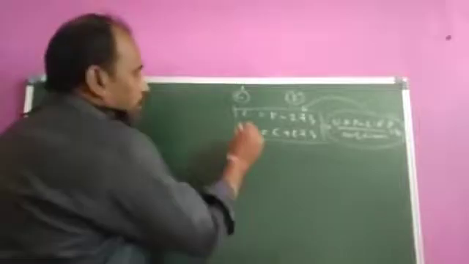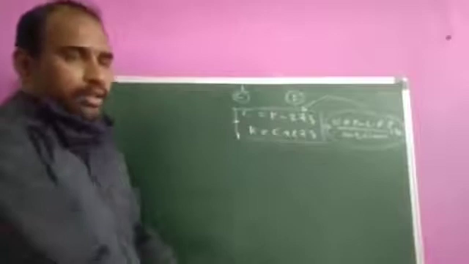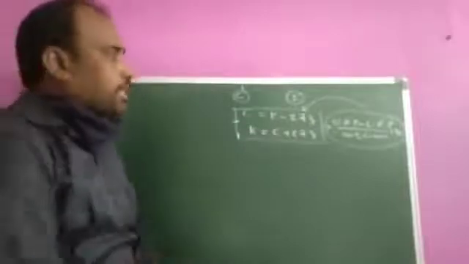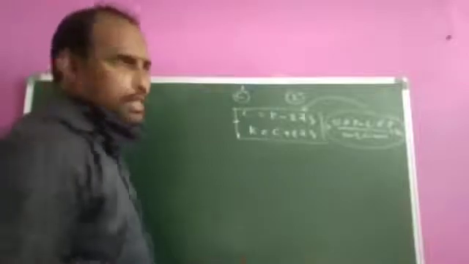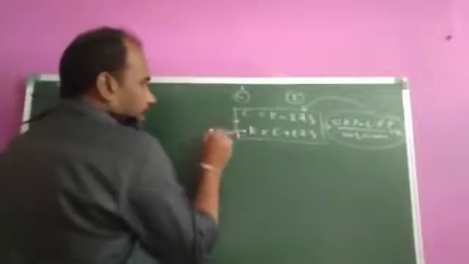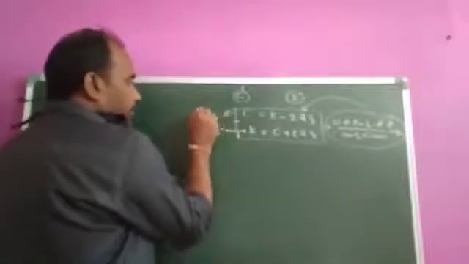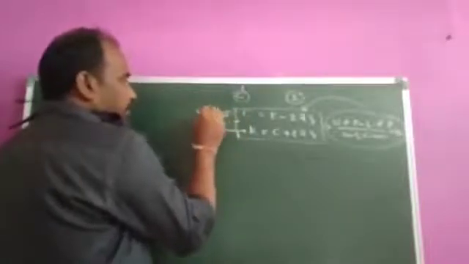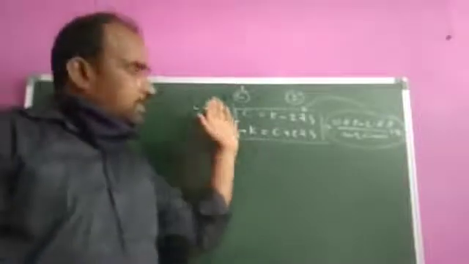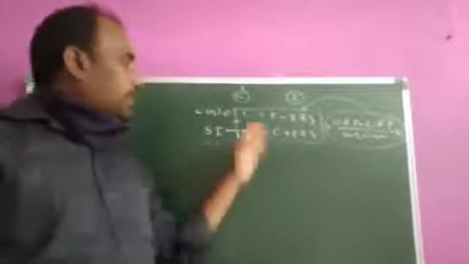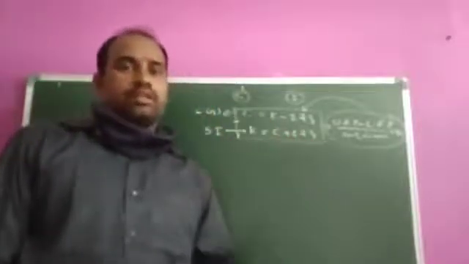So what is the use of these two formulas? The temperature has two different units, in the SI system and the CGS system. Kelvin is the unit of temperature in the SI system, centigrade is the unit of temperature in the CGS system. So how to convert Celsius into Kelvin and Kelvin to Celsius, we learned in the previous classes.